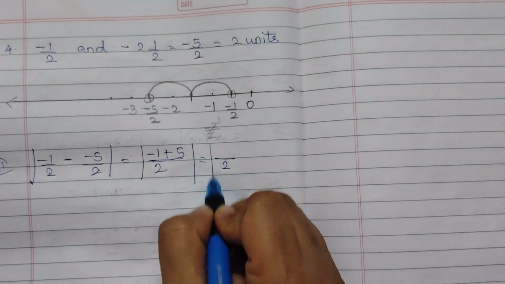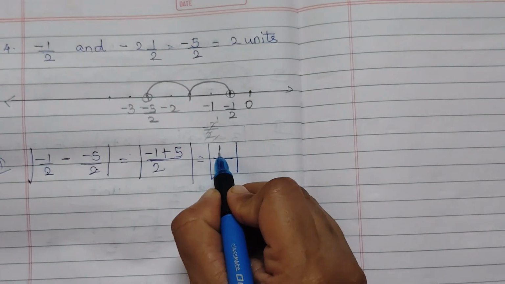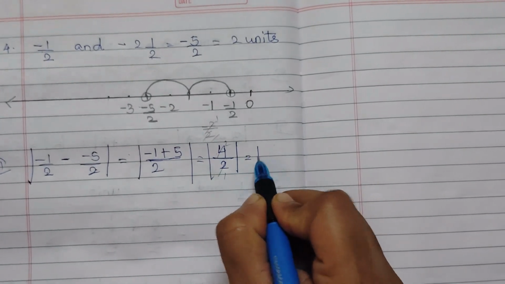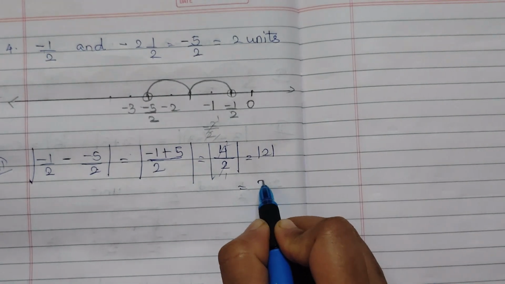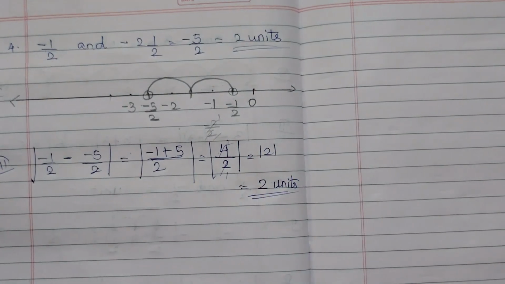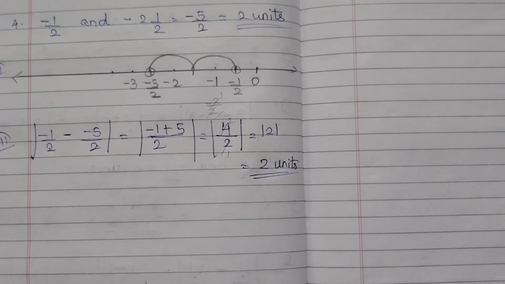So 2 I wrote, minus 1 minus 5, 6. Sign is minus. So 2 threes are 6, so I got minus 3. So what is the answer? Absolute value of minus 3? 3. Got it? Same. Okay. Now we will go to the next question.